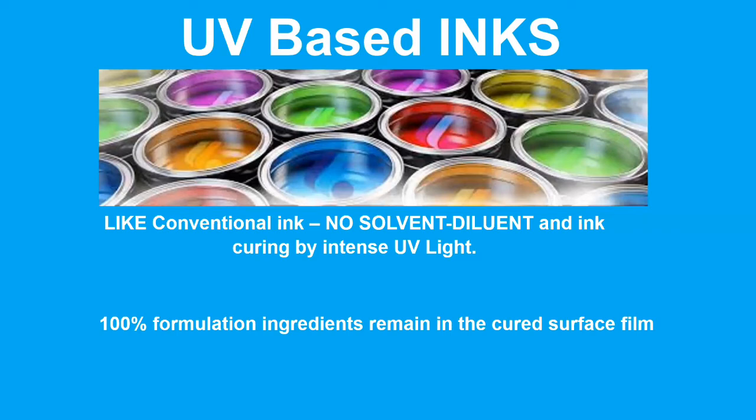As we discussed in our previous video, all types of inks are based on 4 types of components: pigment, binders, solvents, and additives. Similarly, UV inks are also based on oligomers, resins, pigment, additives, and monomers.